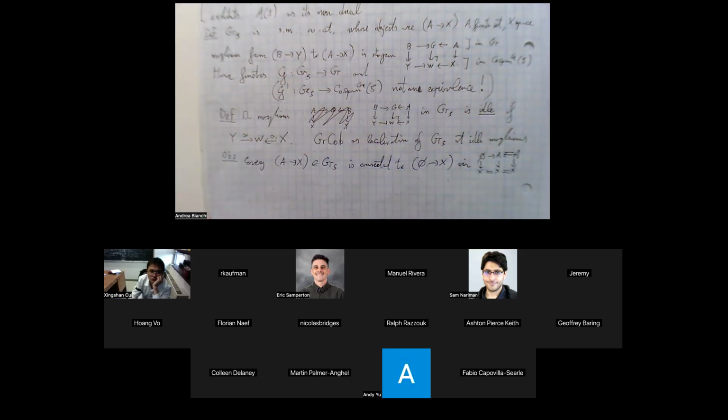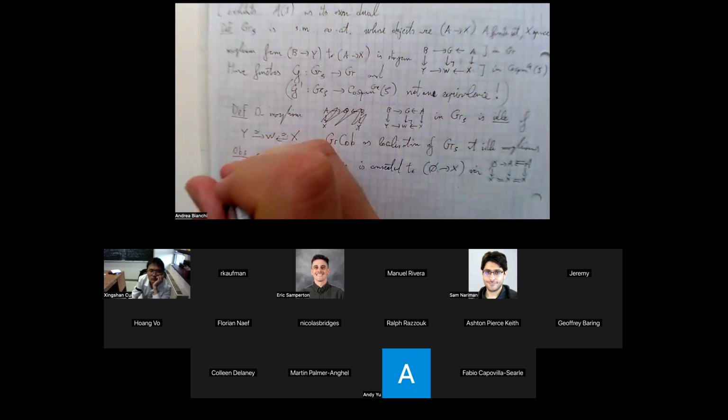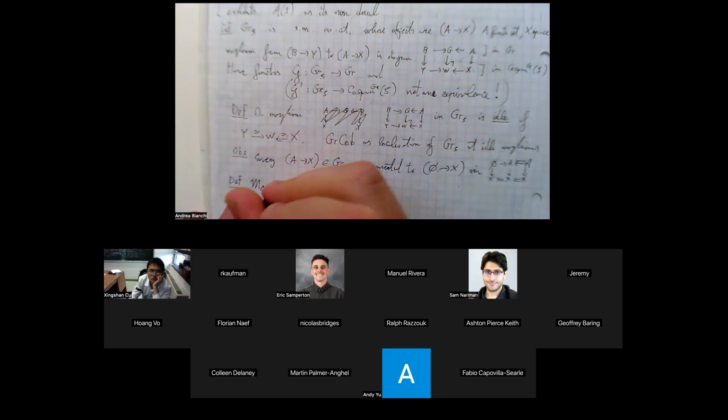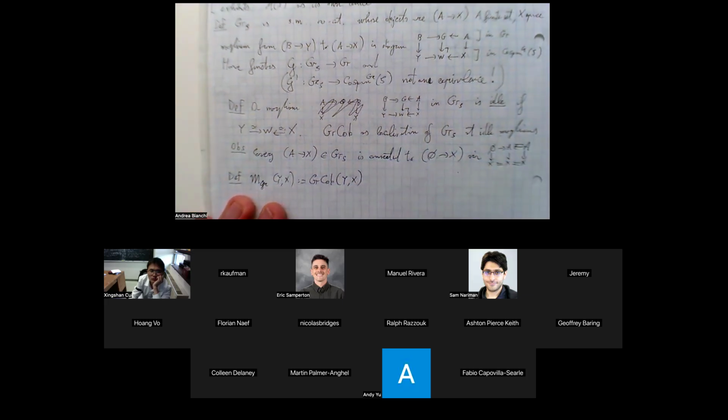Okay, so there is a definition. MGR(Y, X) will be defined as the morphism space from Y to X in GRCOB.